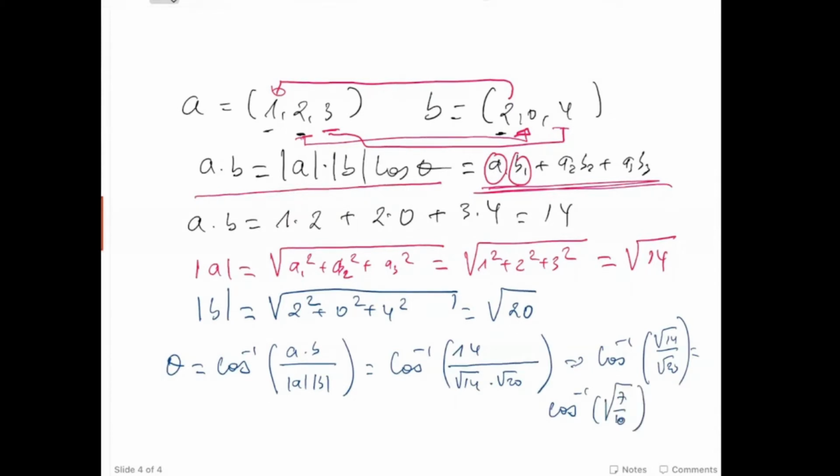And then you can use your calculator to find the value of theta.